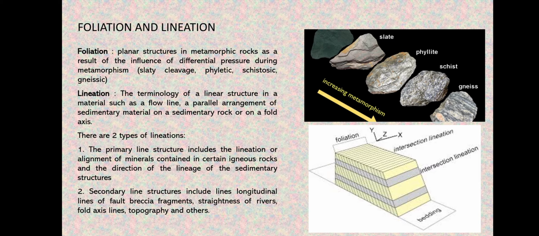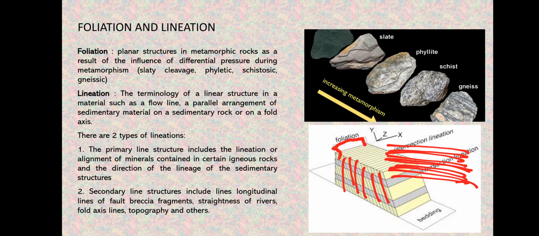Second is the secondary line structure, including longitudinal lines of fault, breccia fragments, straight rivers, fault axis line topography, and others. So, in this figure we can see this is the foliation and this is the lineation. And lineation, we can usually imagine from a drinking straw like this. This is the lineation.